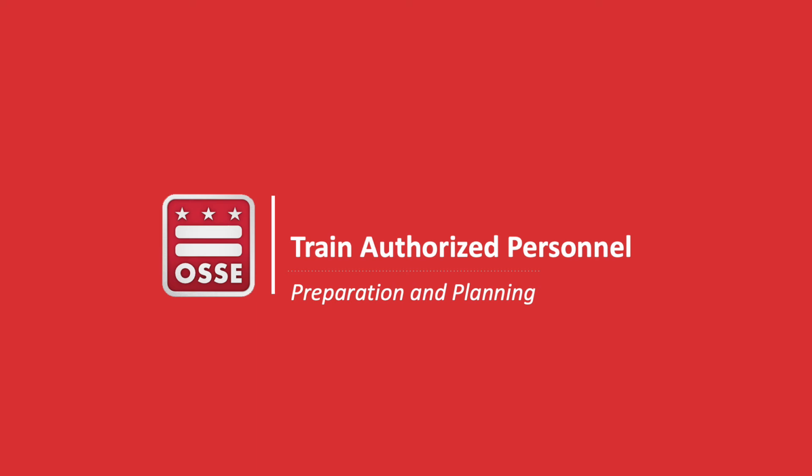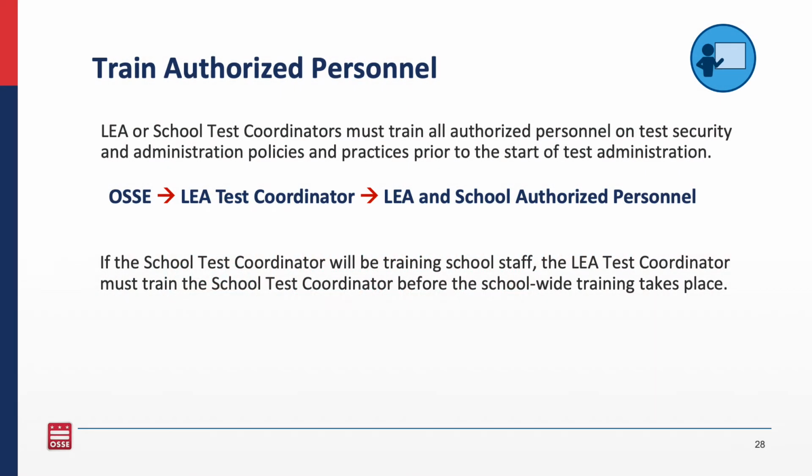The next step we will cover is to train authorized personnel. LEA or school test coordinators must train all authorized personnel on test security and administration policies and practices prior to the start of test administration. As a reminder, OSSE follows a train-the-trainer model for test security training, meaning OSSE provides training to the LEA test coordinator, and then the LEA test coordinator must train the school coordinator.